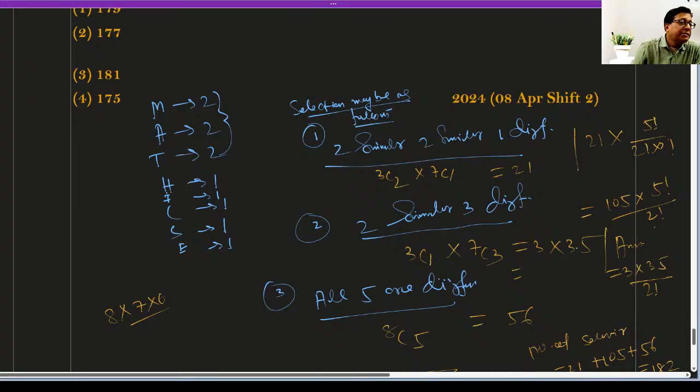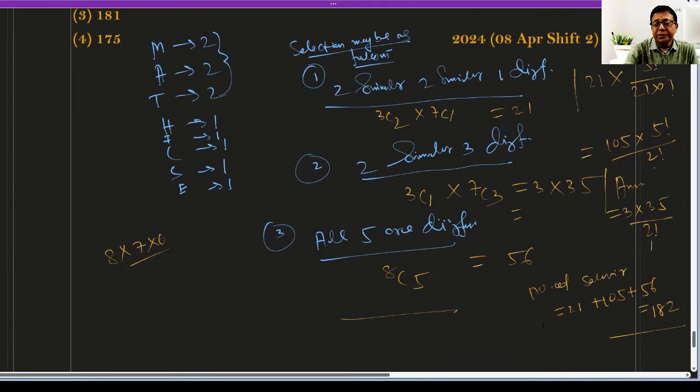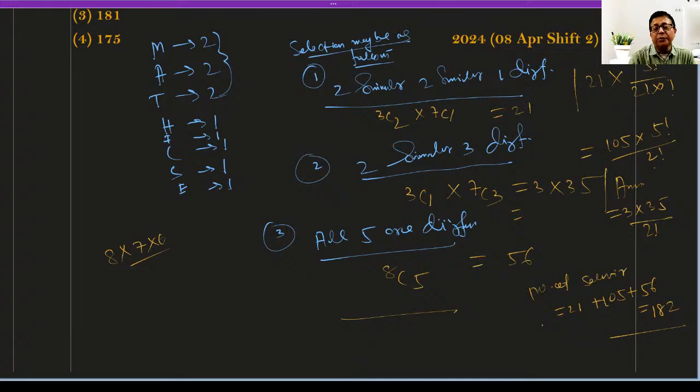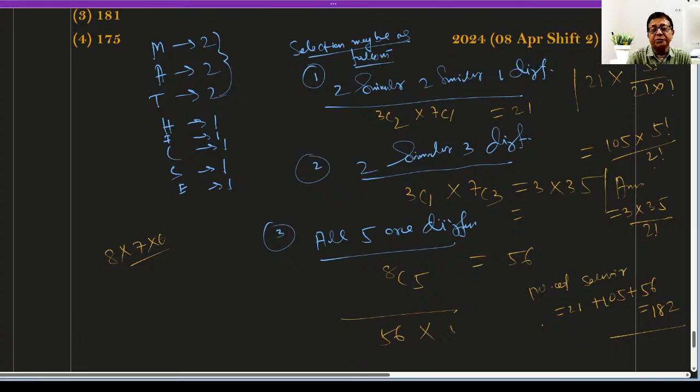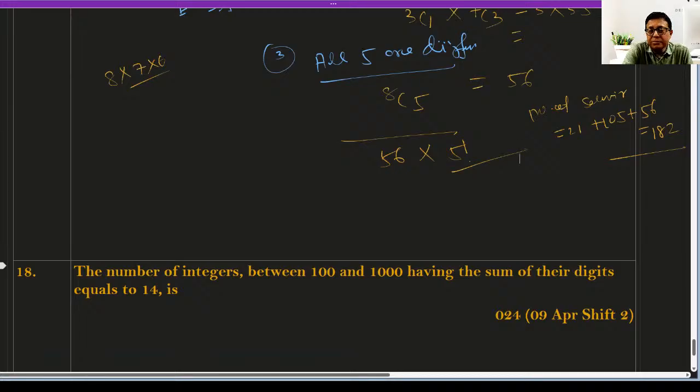All 5 are different. Then the number of words formed will be what? 56 into 5 factorial. Okay? Done? This is a similar problem. In the next session I will see what else can be done for you. Okay?